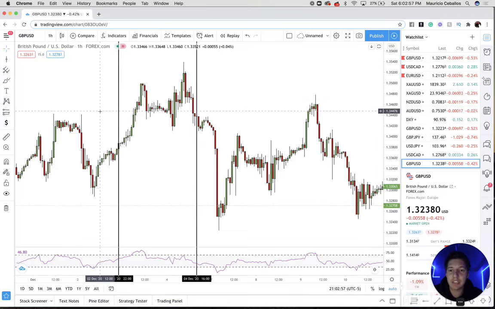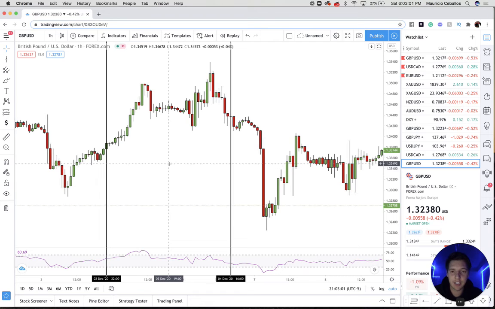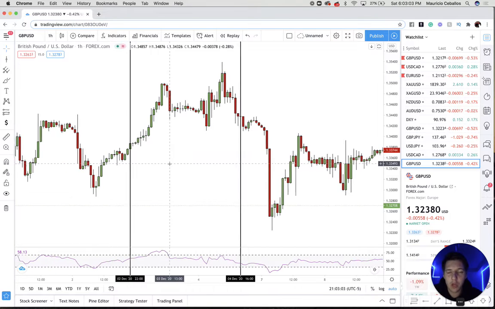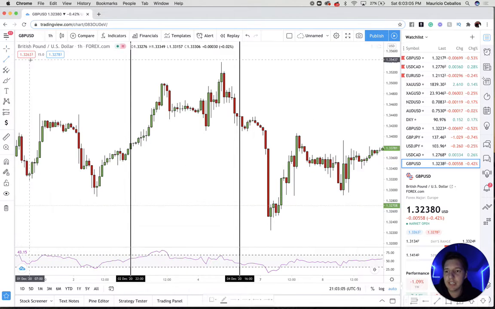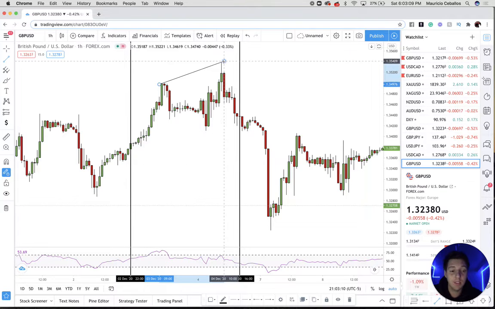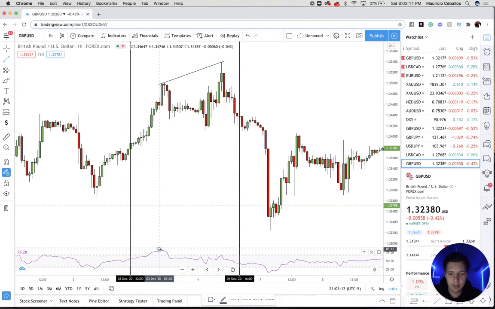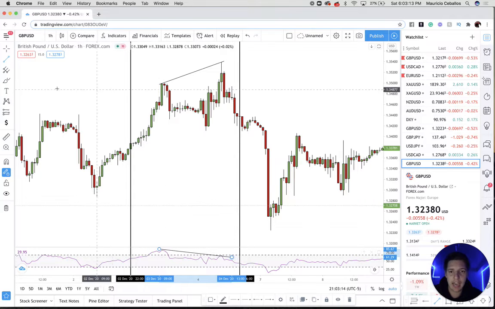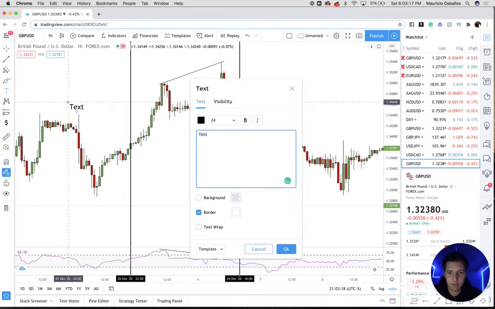Now that I have placed those vertical lines, let's just focus in that area. What's happening? If you're able to identify, you can see that in this area, market is going up, and in this area, market is going down. This is what you consider divergence.